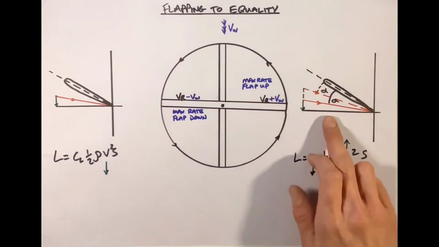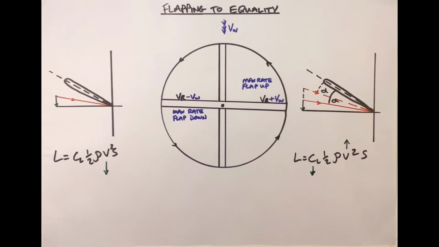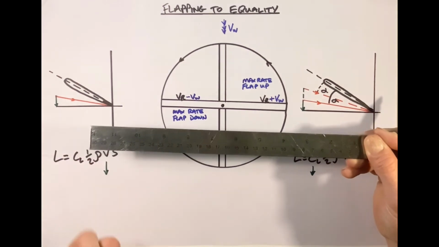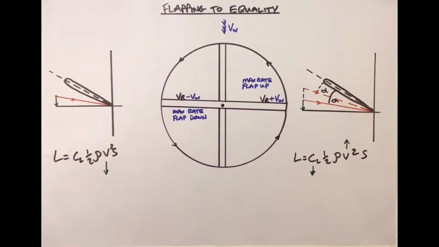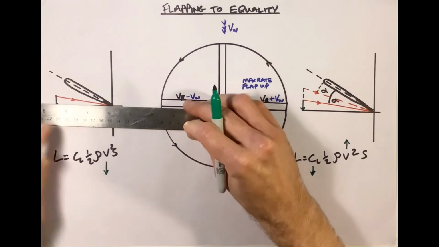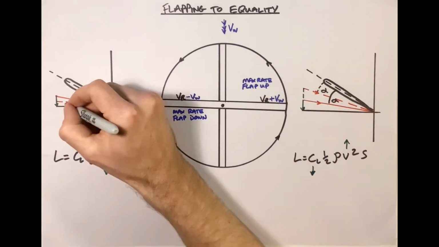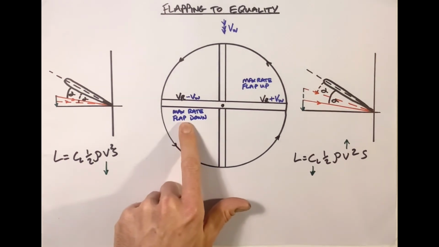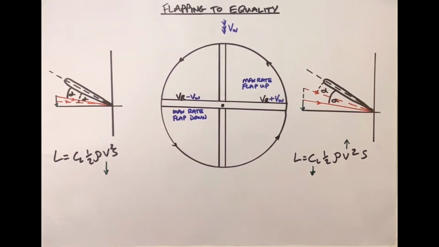So we can see from this one as well, the flapping down motion is essentially going to give us a rate of descent flow. So essentially it's going to reduce our induced flow. And as per this side, we've had a decrease in velocity, we've had a flapping down, and our max rate of flapping down at the 9 o'clock point.